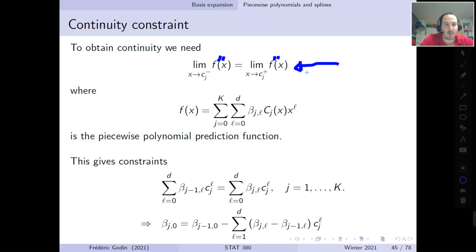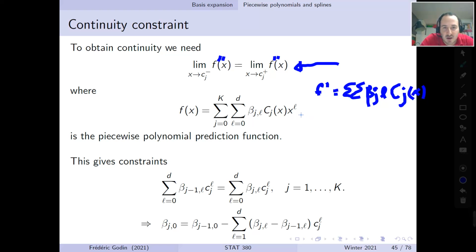Okay, so to get f prime or f prime prime, it's pretty simple. If you do f prime, for example, it would be of the same form. So this double summation of beta jl c j x. This doesn't change.